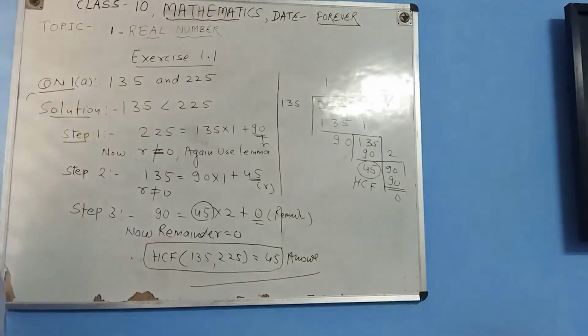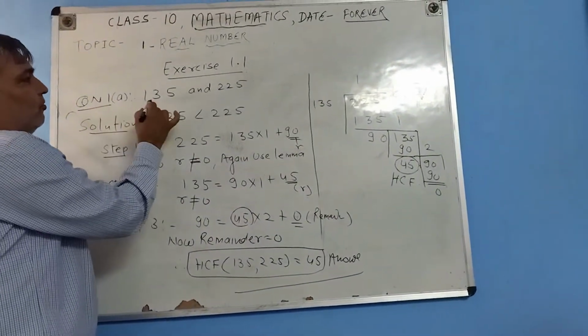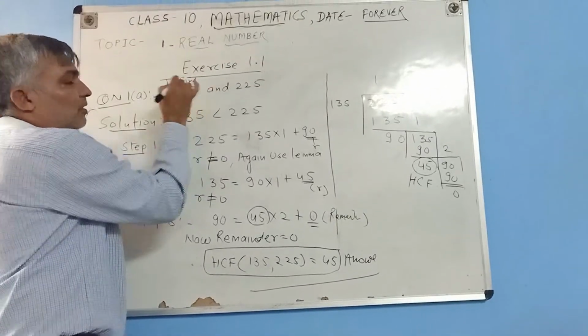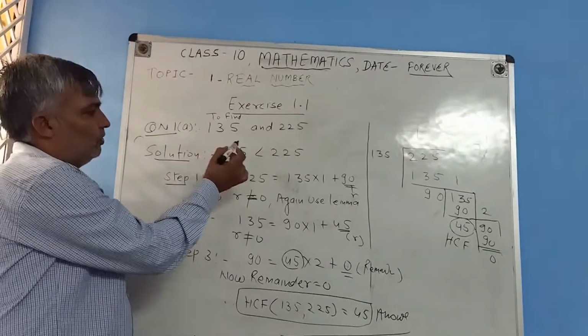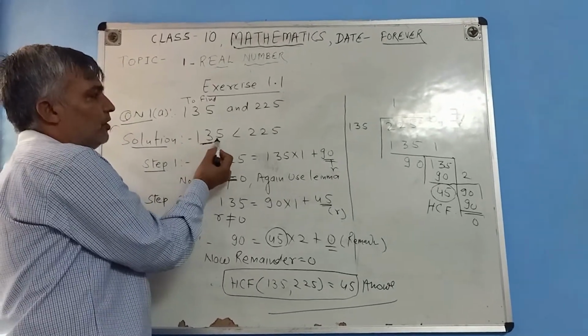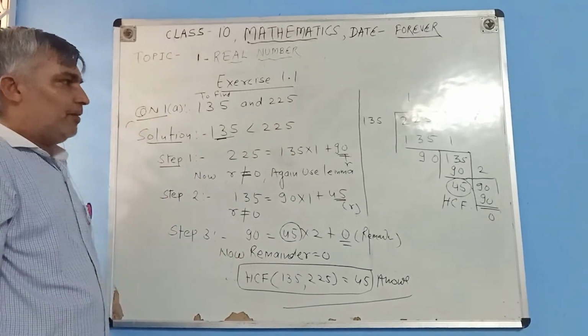Now I repeat again, our question number first A, to find the HCF of 135 and 225. So for the solution, we have to find which number is smaller. So 135 is smaller than 225, or which number is greater, 225.